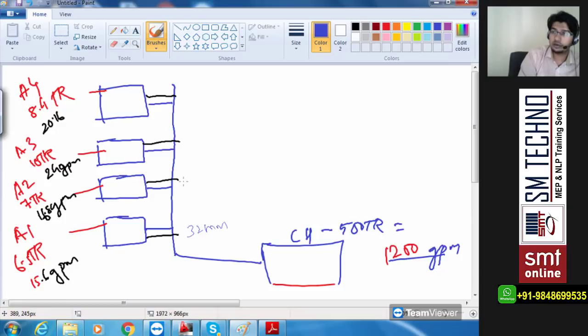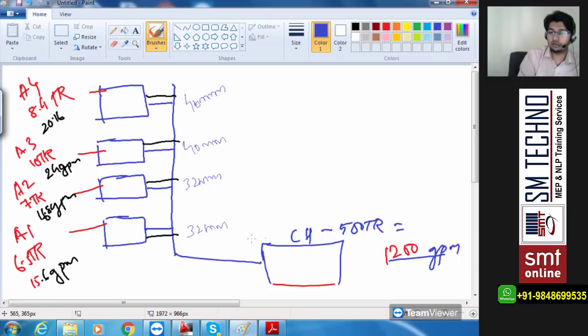Next, 16.8, 32 mm. Next, 24, 40 mm. 20.16, 40 mm. Sriram, it is rechecked properly, all correct.